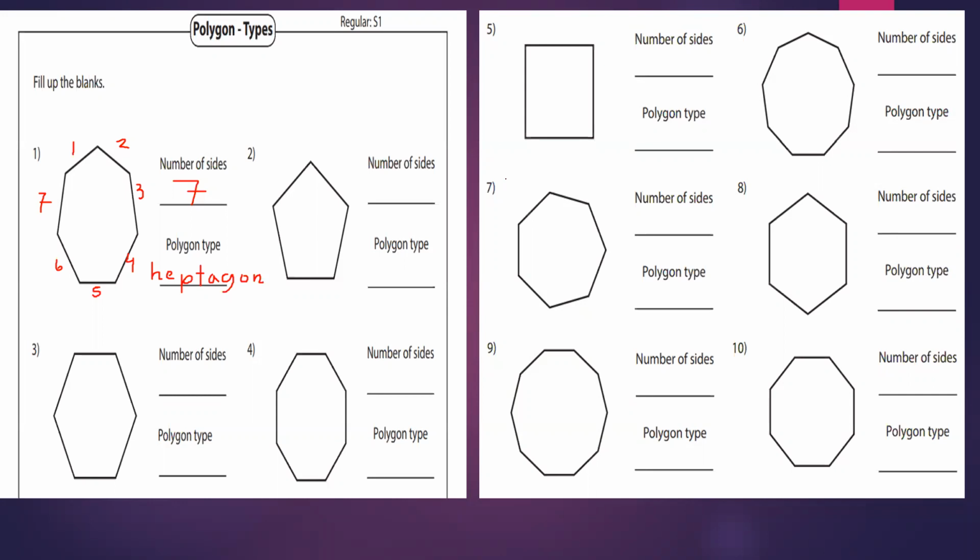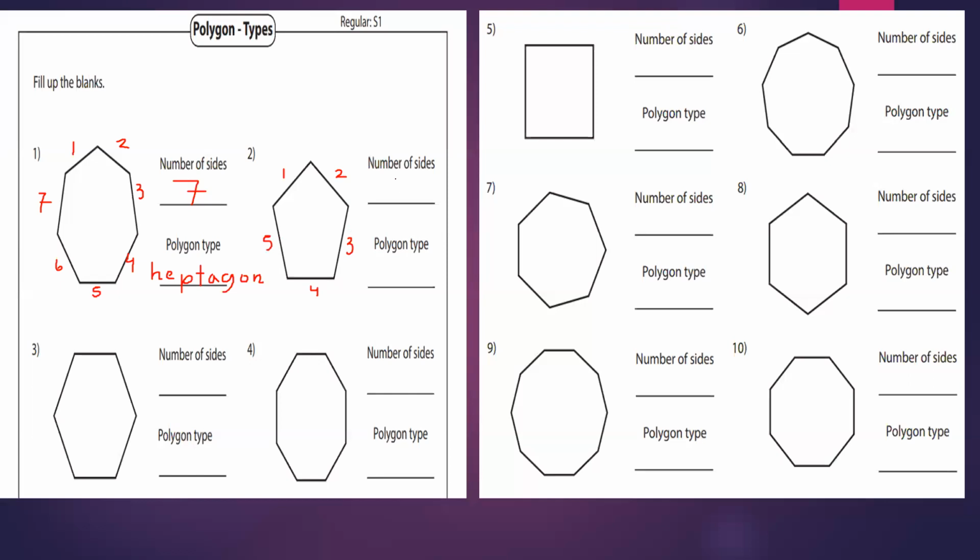Lanaya, where's Lanaya? Yes, sir. Can you look at your phone, please? Okay. Number two. Demarion, what do you got for number two? How many sides does number two have? 5. 1, 2, 3, 4, and 5.